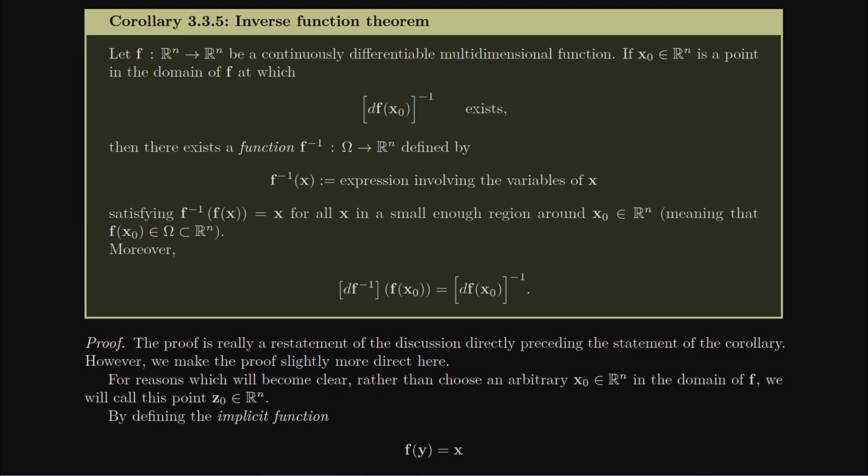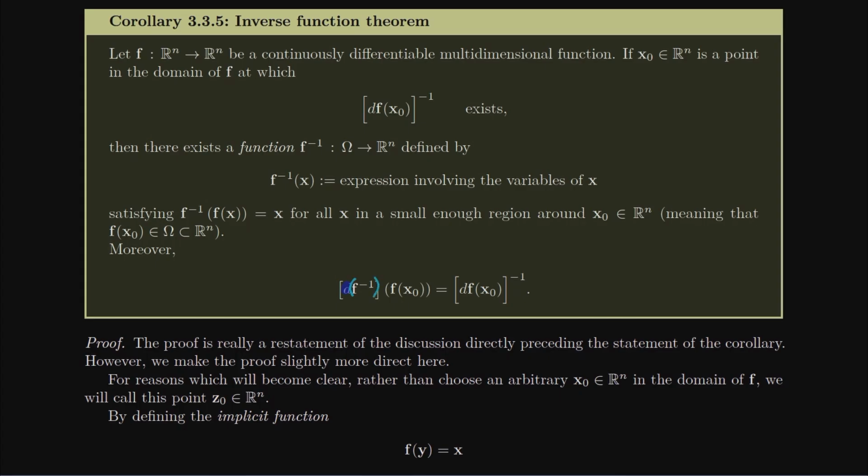And just like the implicit function theorem, the inverse function theorem will tell us about the value of the derivative of the inverse function. Notice very carefully where I put my brackets, because there are times where I'm computing a derivative of a function at a point, then closing brackets around it, and the inverse that comes afterwards refers to an inverse matrix, whereas on the left-hand side this refers to the derivative of the inverse function itself.